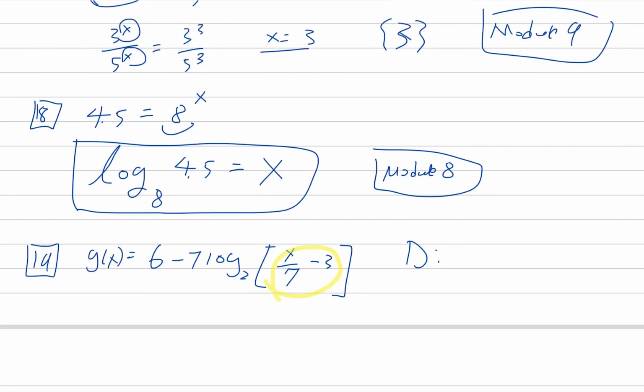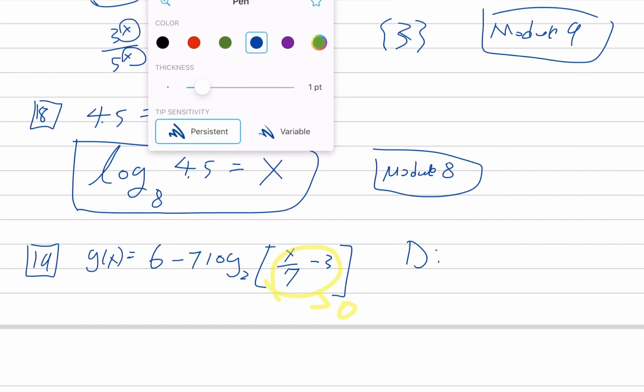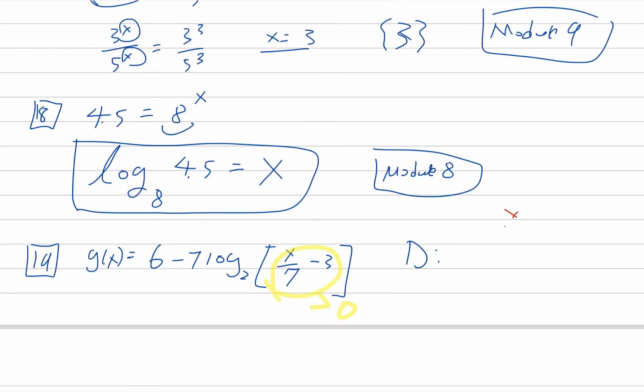So this has to be greater than 0. Not greater or equal, just greater than 0. So then we have to see when x over 7 minus 3 is greater than 0. x over 7 greater than plus 3. x greater than 21. Right? So when x is greater than 21, that will not give us negative or 0 inside the log function.